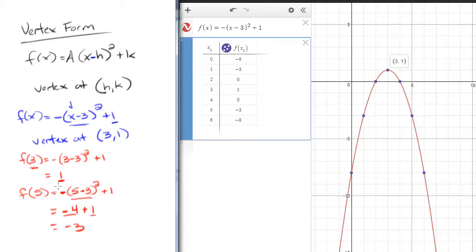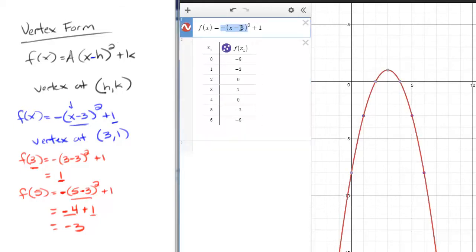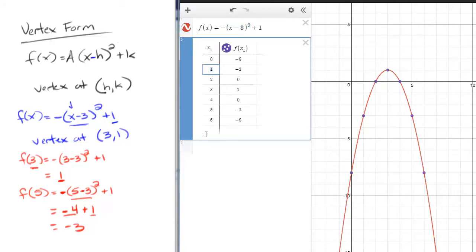And you can see that played out on the graph: the highest value output here is a value of 1, which occurs when I plug in a 3 because that zeroes out this first major term right here.